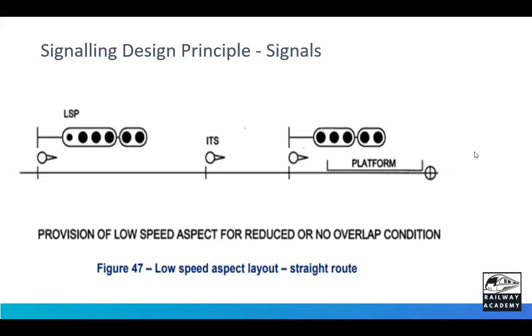Like that, between two signals, if any speed reduction is required, there will be an intermediate train stop which observes that the train is running at the stipulated speed, and if it is within the stipulated speed, it will be horizontal and no hitting will take place by the tripcock of the engine. Or if it is running over speed, it will approach the intermediate train stop in a time shorter than it is allowed to lower.